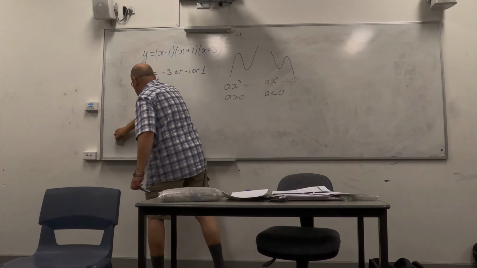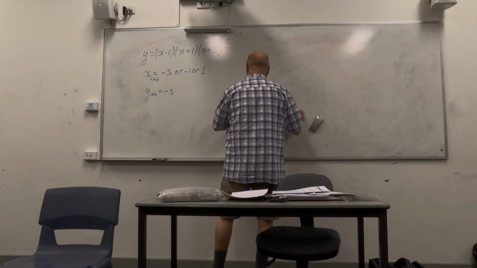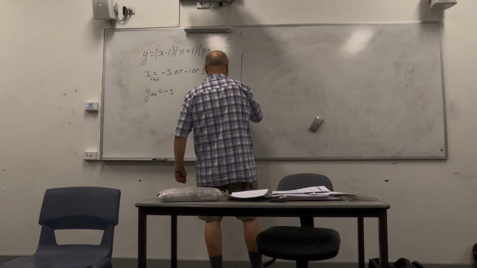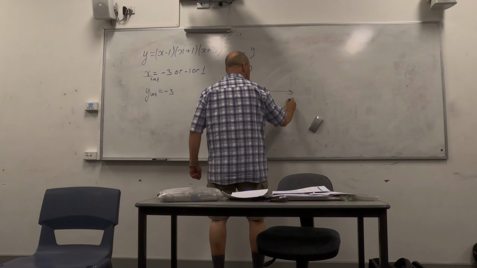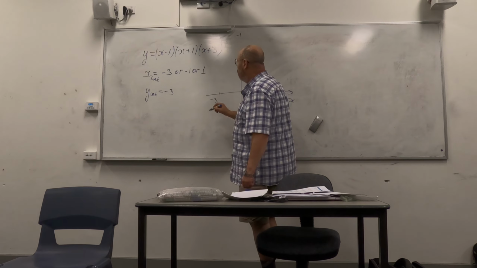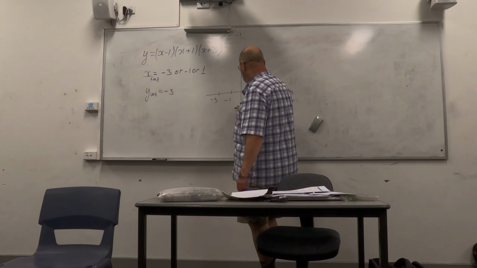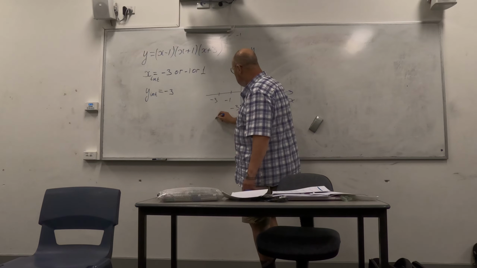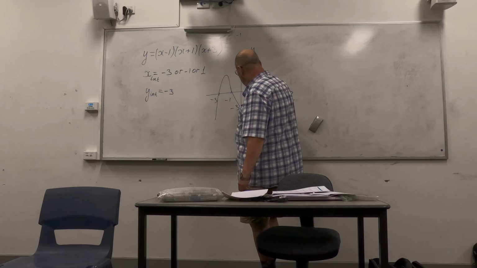So we can sketch it. We have -3, we have -1, and we have 1, and the y-intercept is -3.